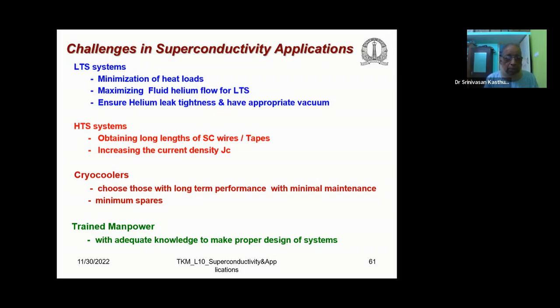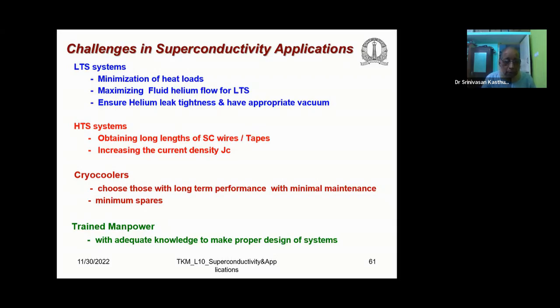Another important thing is how to increase the current density, the JC of the superconductors, so that with the same superconducting wire you will be able to have large magnetic fields. In the area of cryocoolers, one should have cryocoolers which have long performance times with minimum maintenance schedules, and you should also minimize the spares required for maintenance.